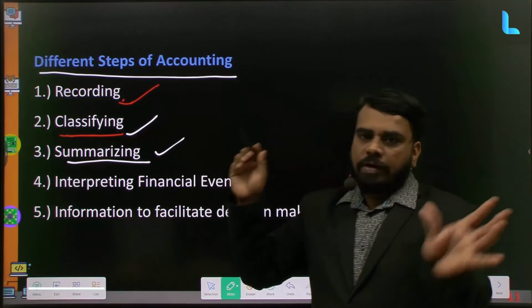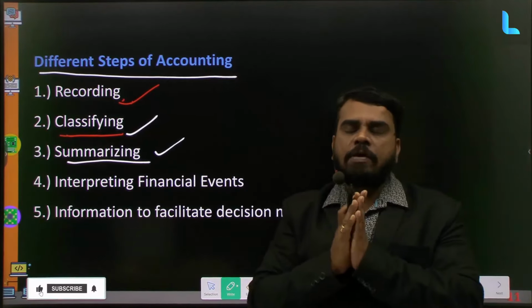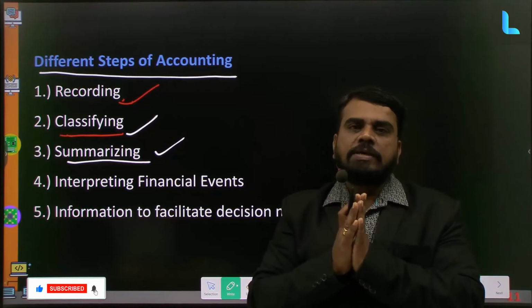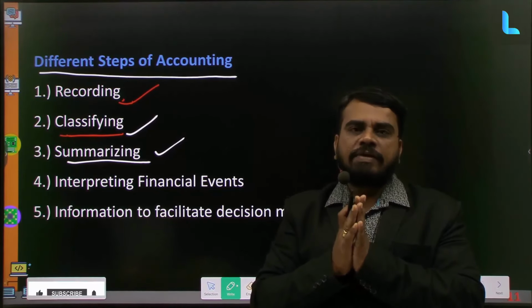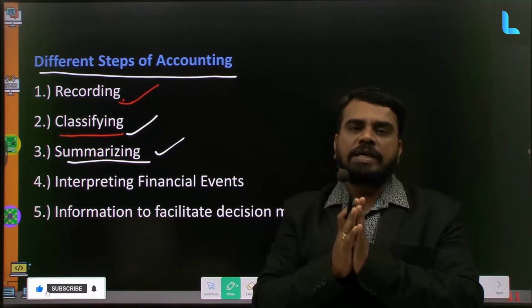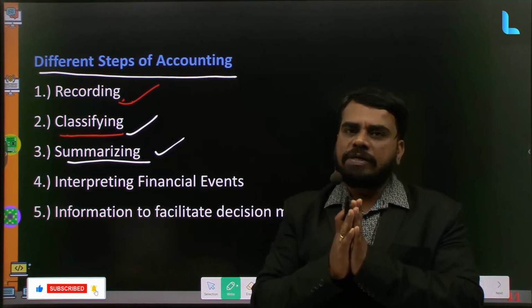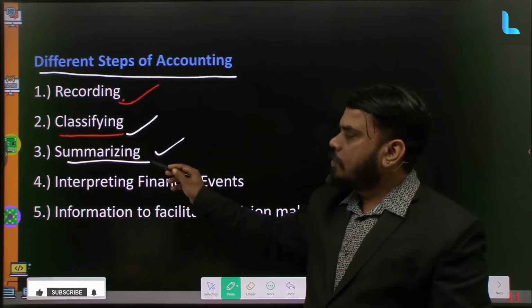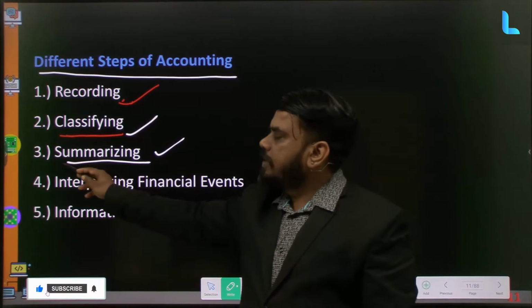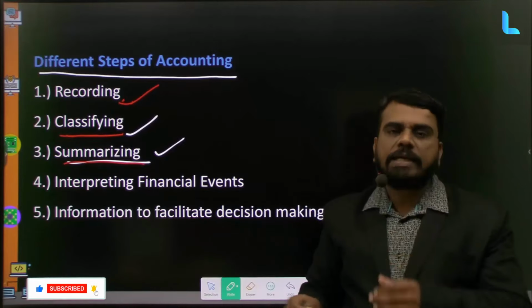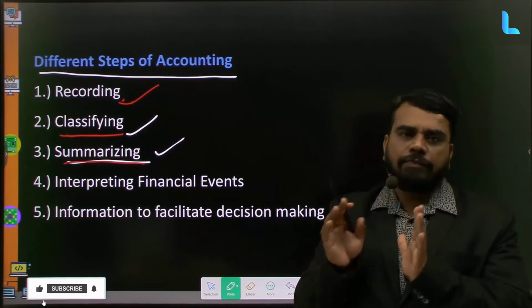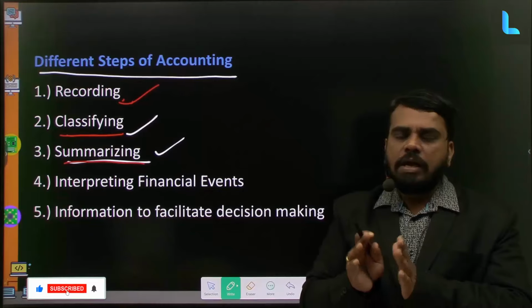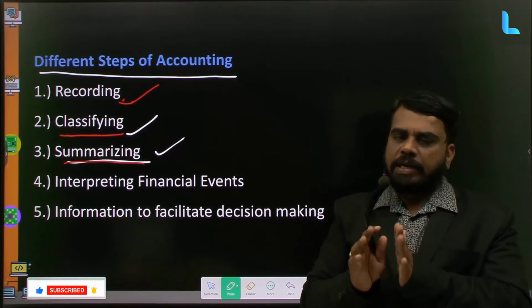If we maintain accounts for a period of a year, every financial year starts from 1st April and ends on 31st March. So this is one financial period. During this financial period, whatever we have recorded, we summarize either quarterly, half yearly, or for the full financial year.